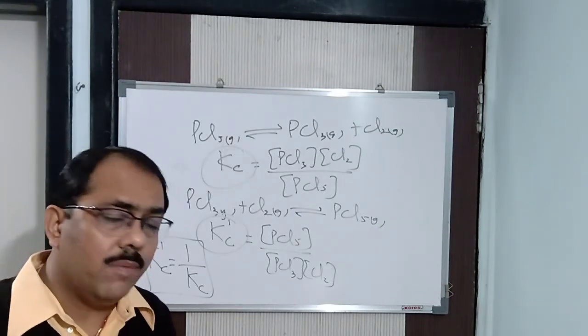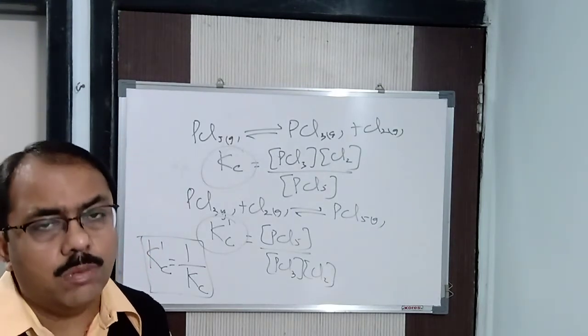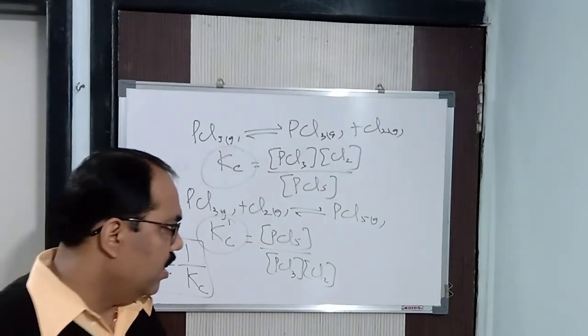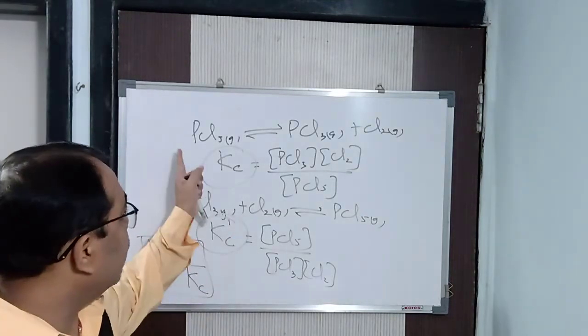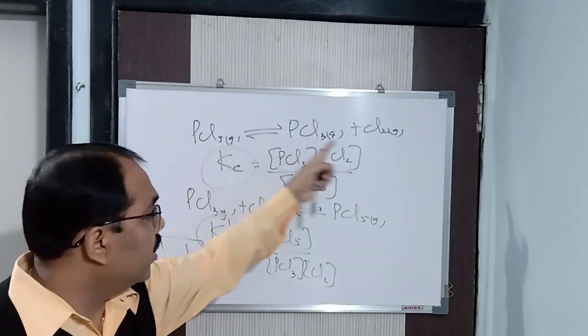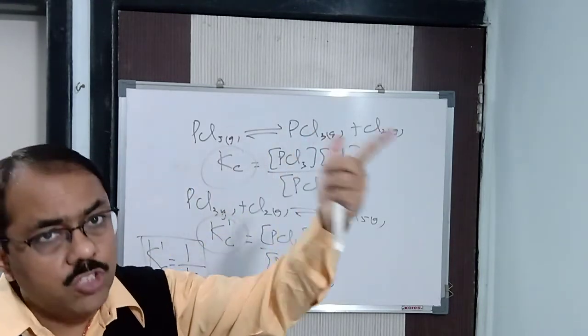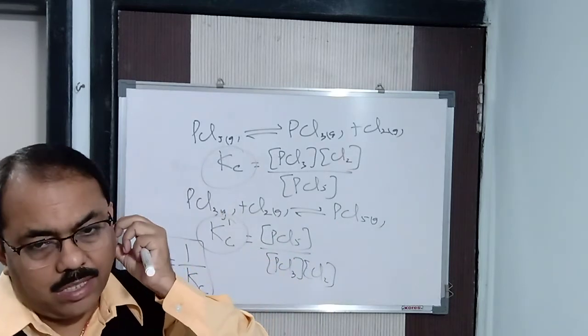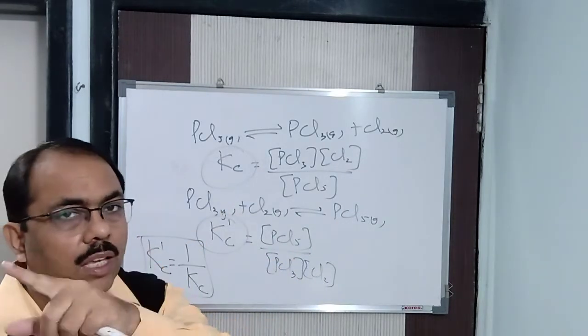Let us say the new equilibrium constant is K dash, so K dash is equal to root over K, K to the power half.